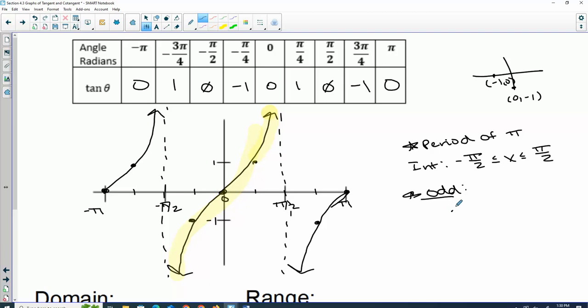So that means if you have tangent of negative x, that negative can be pulled out. Tangent of negative x is equal to negative tangent x.